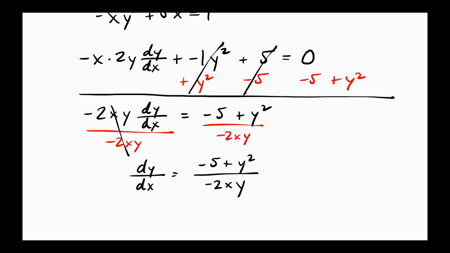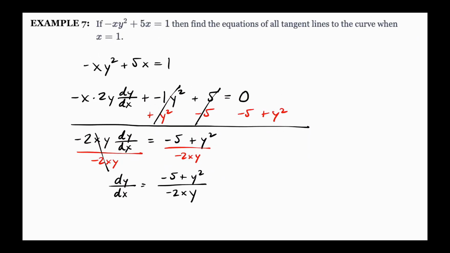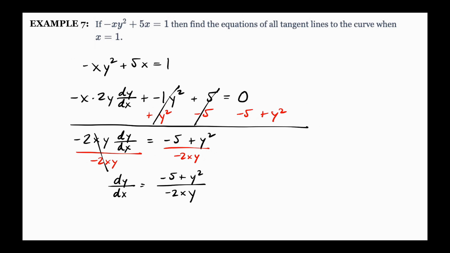Okay. That's where we stopped. We've been stopping there. But I didn't answer the question yet, right? The question's asking me for equations of tangent lines. So in order to get equations of tangent lines, I need slopes. Well, they say x equals 1. So what do you think I'm going to do with x equals 1 with my derivative?